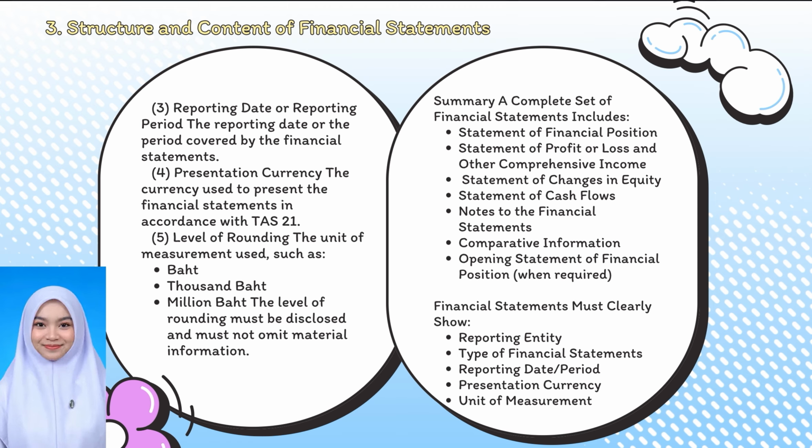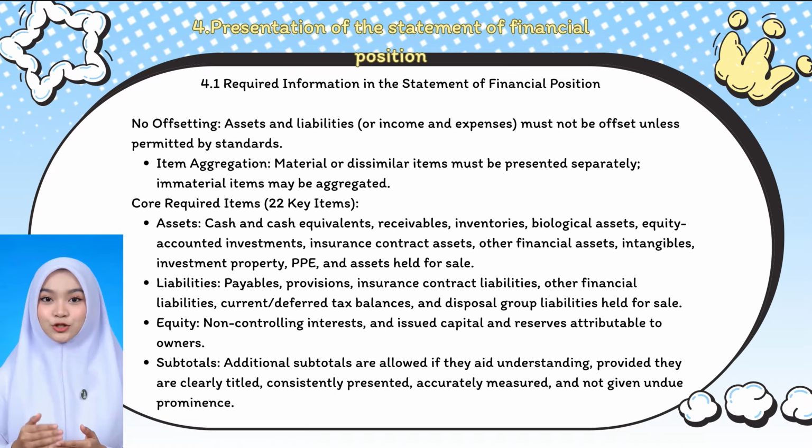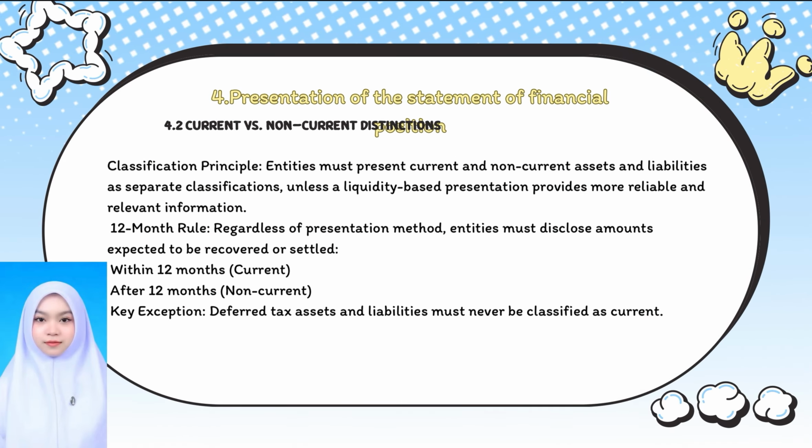Current versus non-current classification: entities must separate assets and liabilities based on the 12-month rule. Items expected to be settled within 12 months are current, while those beyond 12 months are non-current. Note: deferred tax balances are a key exception and must never be classified as current. 4. Presentation of the statement of financial position. 4.2 Current versus non-current distinctions.